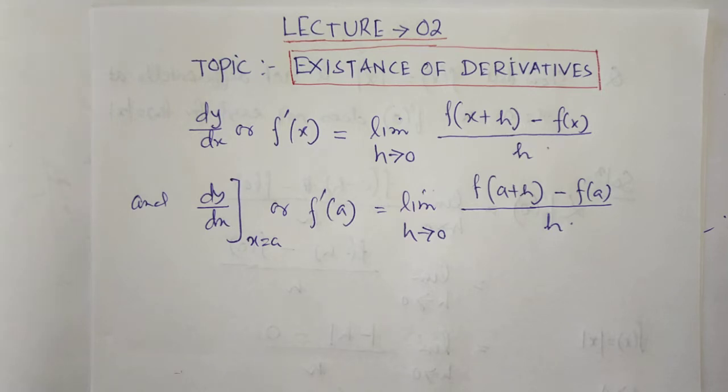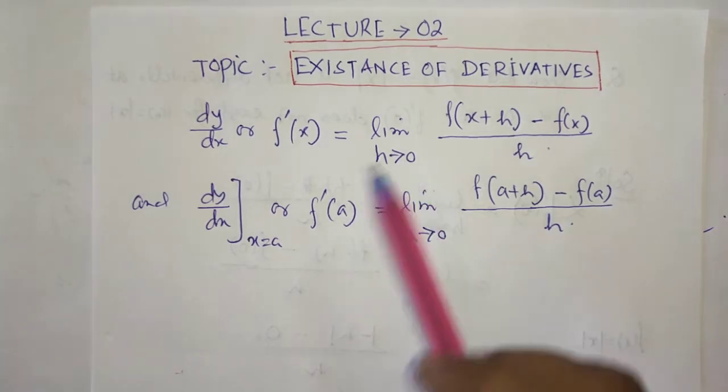In the last class, I had discussed the basic concept of differentiation. That means the derivative of a function with respect to x, that is the differential coefficient, and what its geometrical interpretation is. So here dy by dx or f dash x is what?